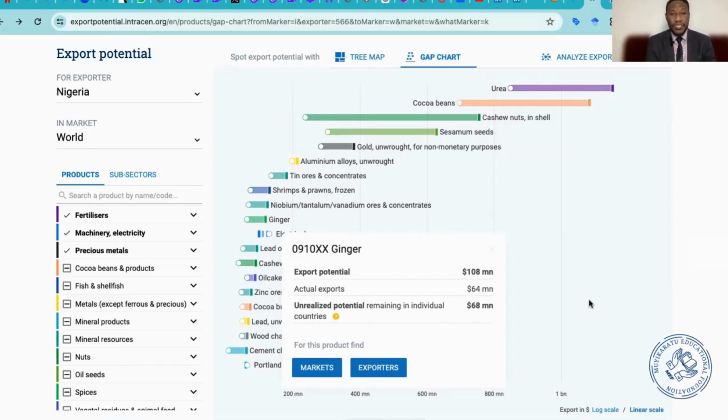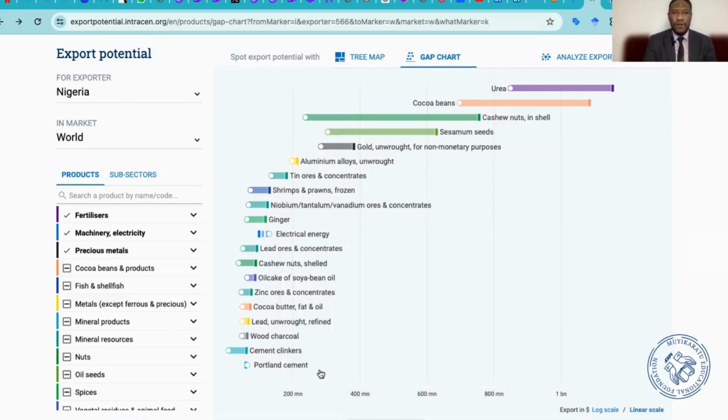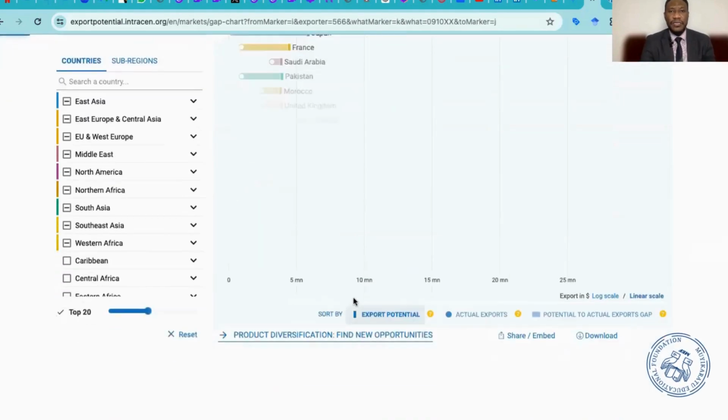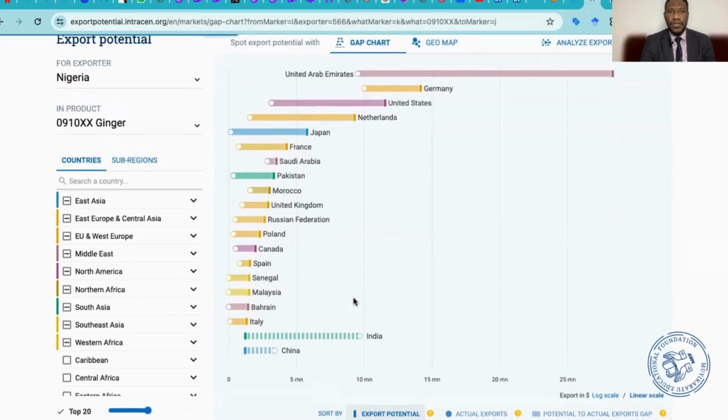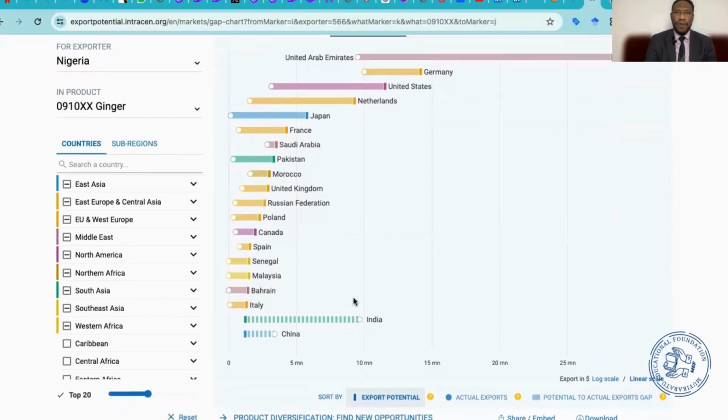So we have the markets and the exporters. Let's have a look at the market for the ginger. There are lots of markets for this ginger. We have markets in the United Arab Emirates, Germany, the United States, the Netherlands, Japan, France, Saudi Arabia, Pakistan, Morocco, United Kingdom, Russian Federation, Poland, Canada, Spain, Senegal, Malaysia, Bahrain, and Italy.